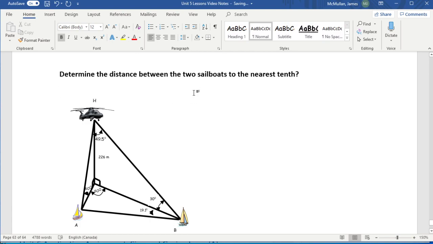Let's start with the ground, and let's start with the point directly beneath the helicopter.